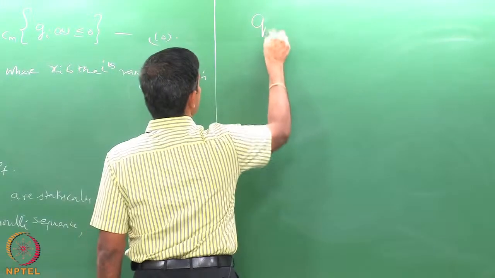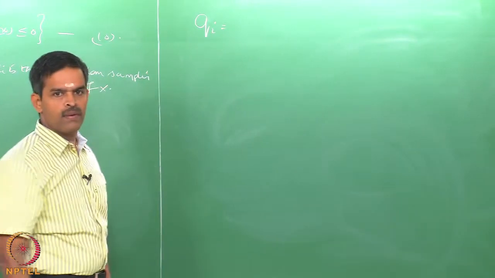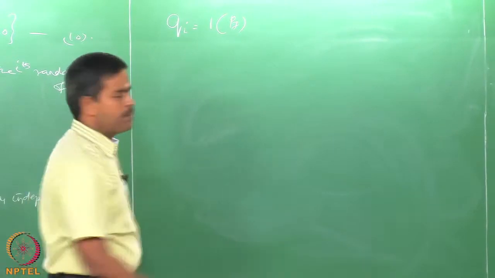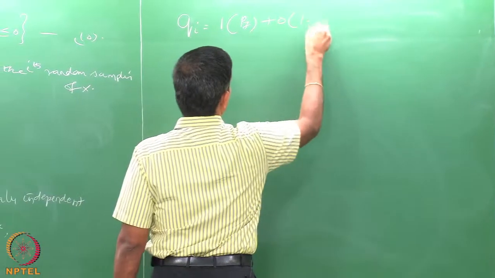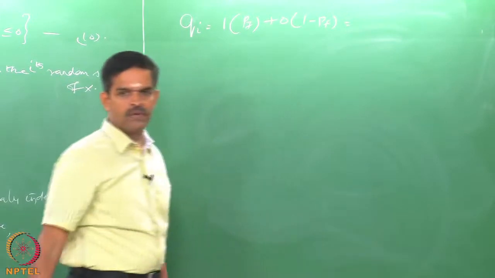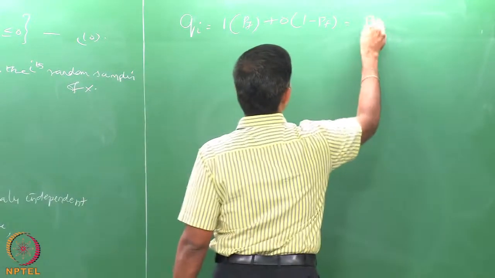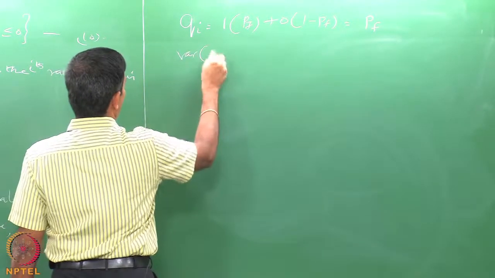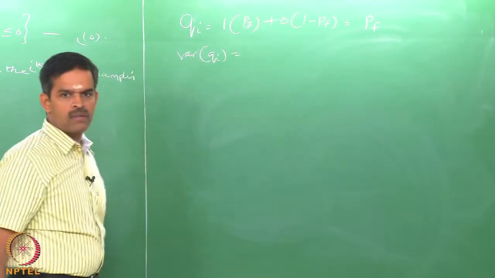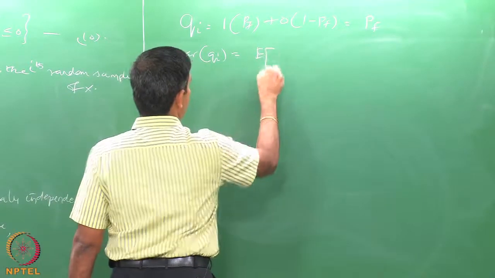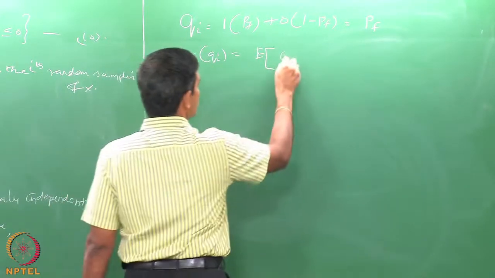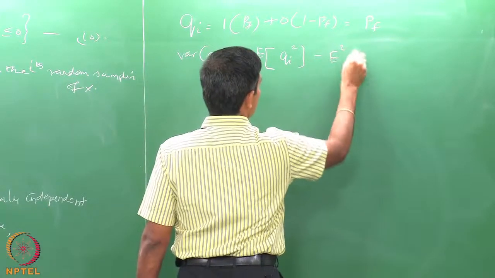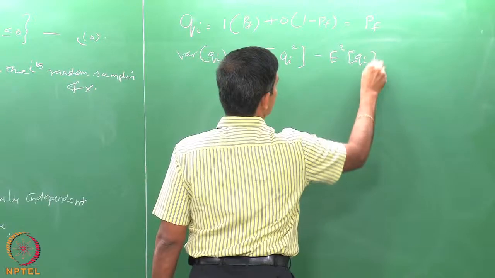The expected value of Qi can be given by 1 of Pf plus 0 of 1 minus Pf, which is actually Pf, and the variance of Qi can be said as the expected value of Qi square minus the expected value of Qi, squared.